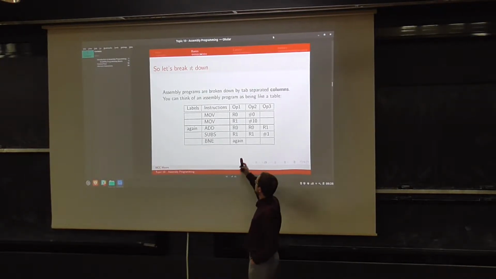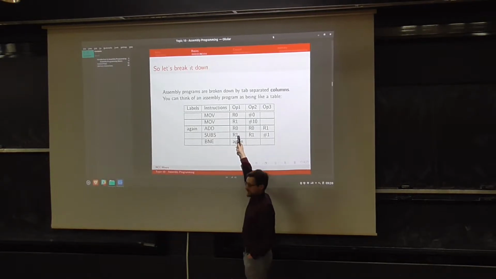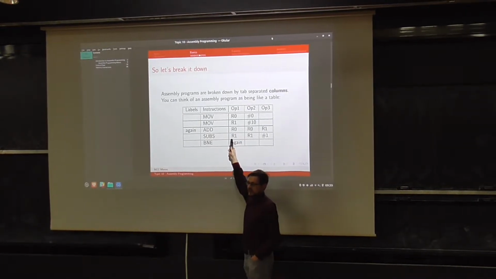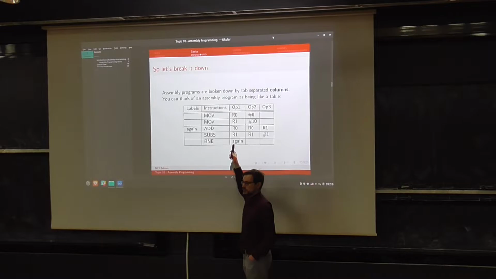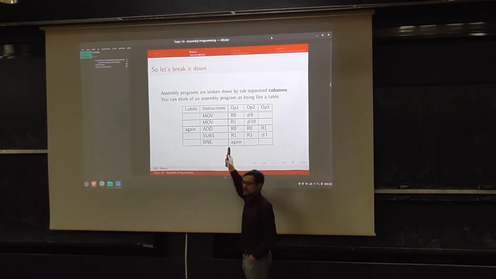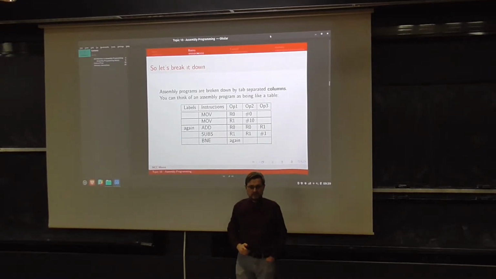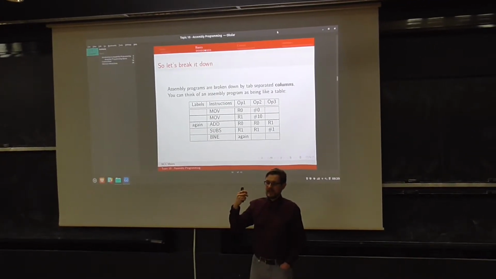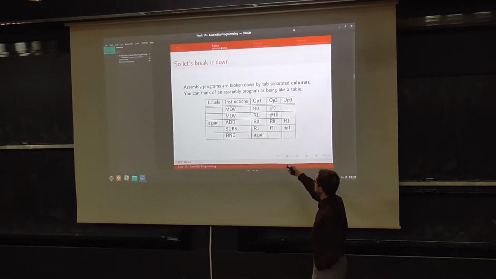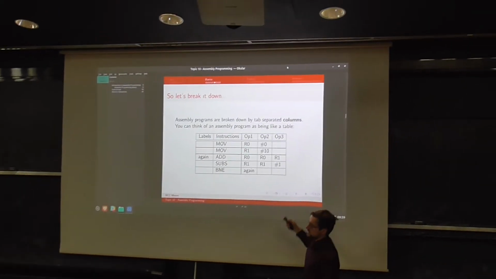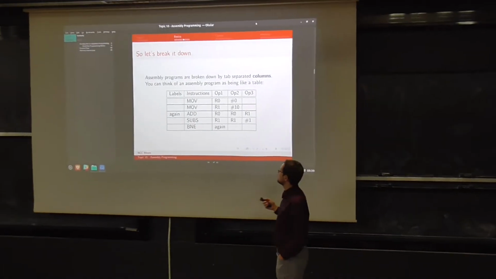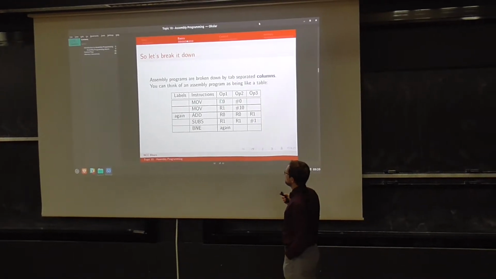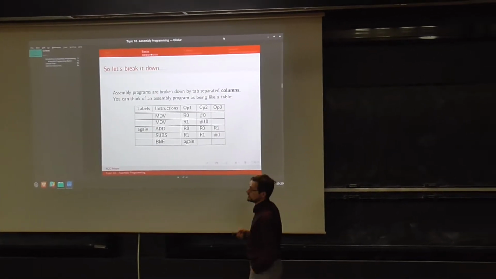Once again, ordinarily, the first operand designates where data will be placed if data is being calculated. For example, using an add instruction, R0 is where the data that's calculated will be placed. Using a move instruction, this is where things are being moved to.